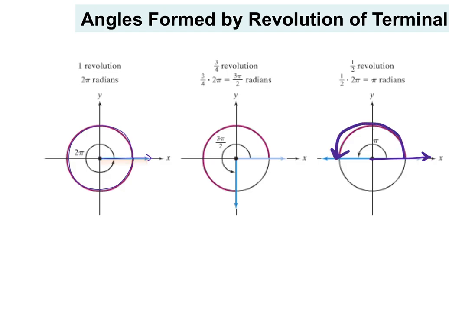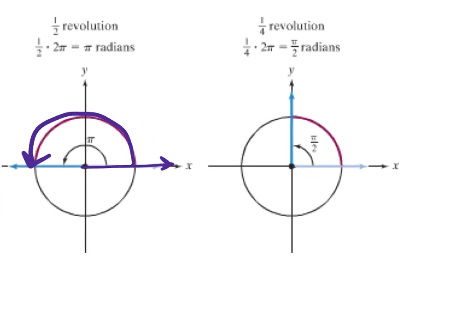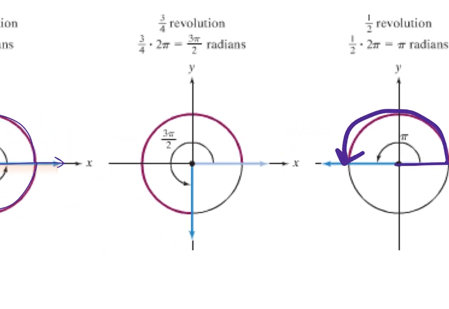And then if I cut that half into half, if I only go a fourth of my big circle, what would that be? Pi over 2. A quarter of 2 pi or a half of pi, right? And if I go 3/4 of the way around, then it is at 3 pi over 2.